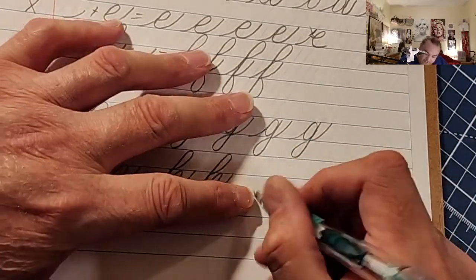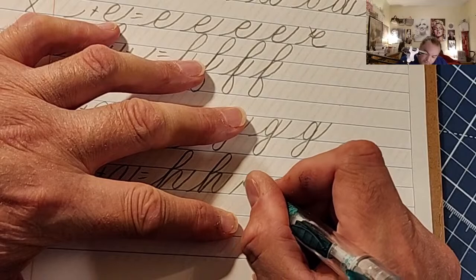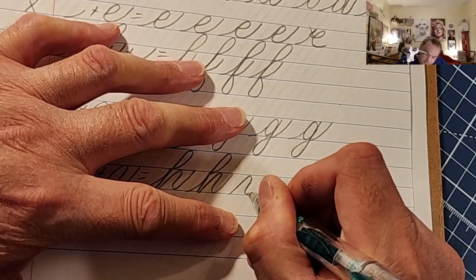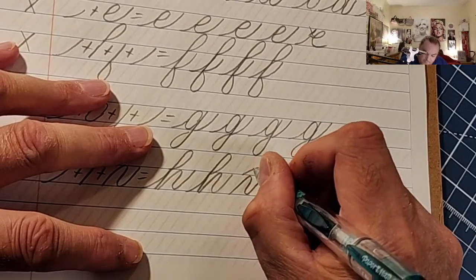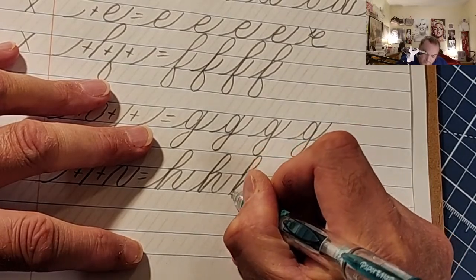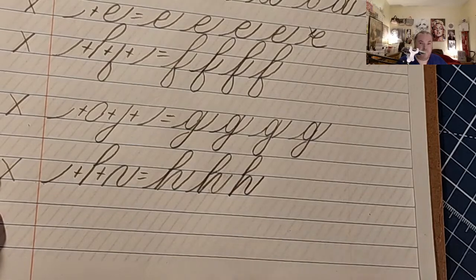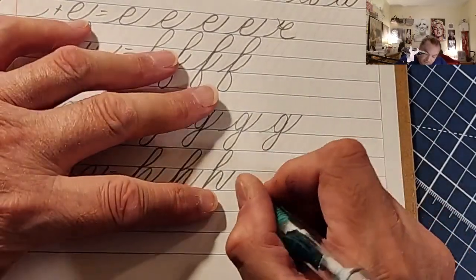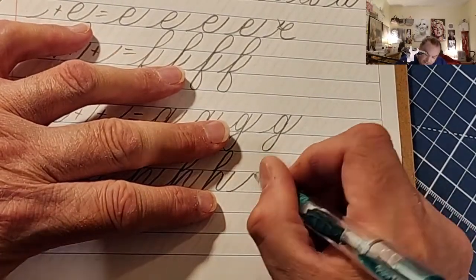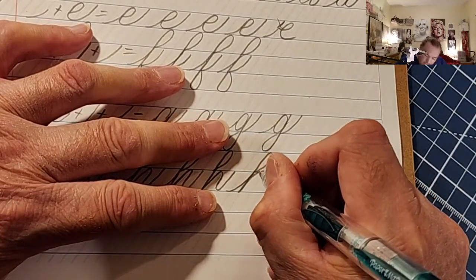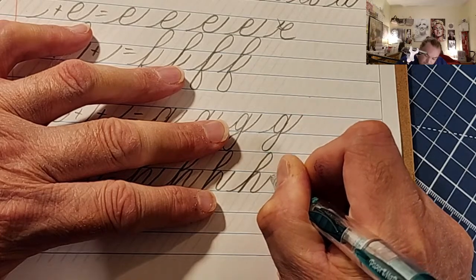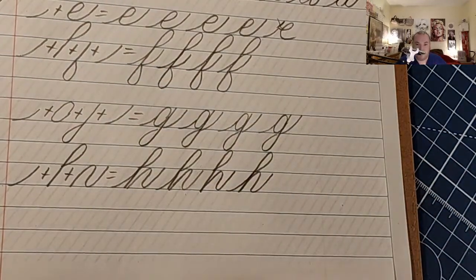So you're going to have kind of a weird parallelogram that comes away from that stem loop, because otherwise you're going to have something that looks like this, and it just doesn't look right.